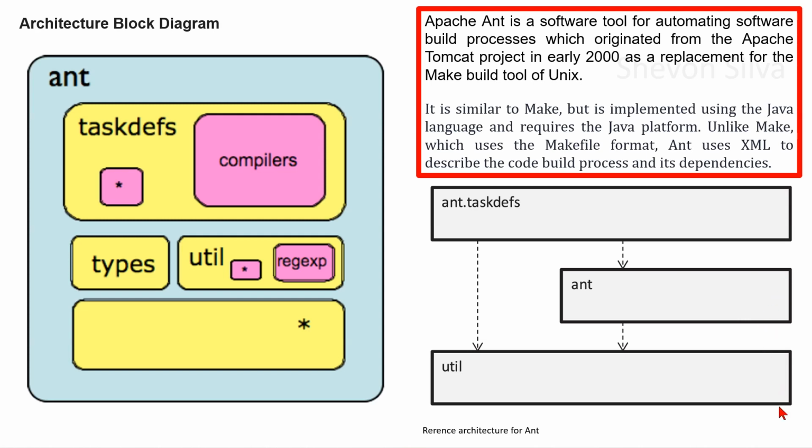The utilities library provides a set of general use services which may be useful for several build automation tasks. The task definitions package contains several independent task definitions, each representing a build automation step.